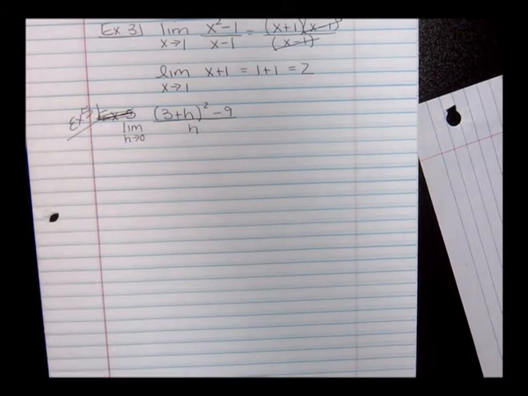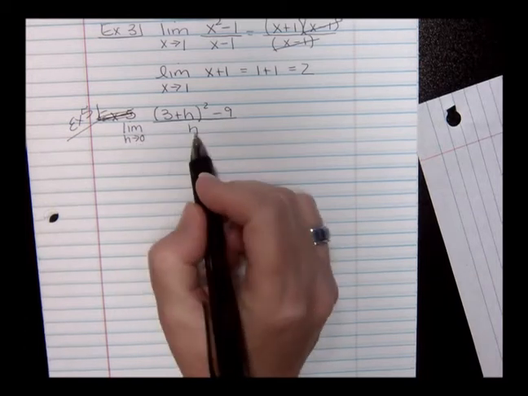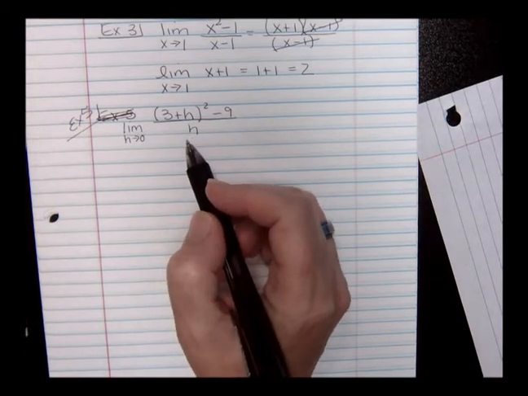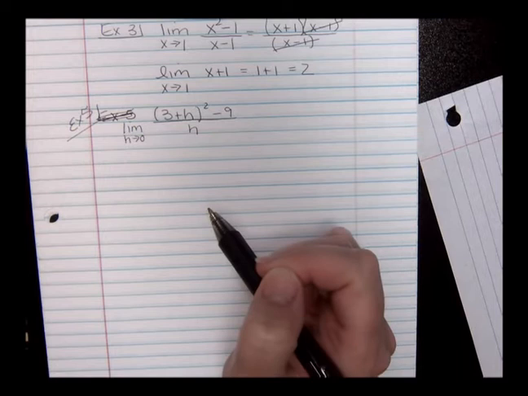Limit as h approaches 0. Obviously, we look at this and say, I can't substitute 0 directly into here because it's on the bottom. But let's multiply this out and see if I can simplify it in some way.